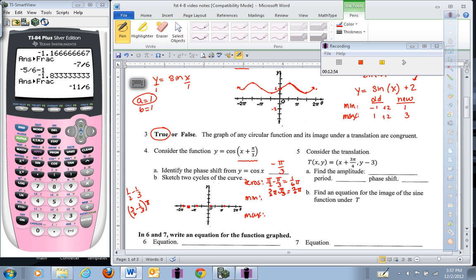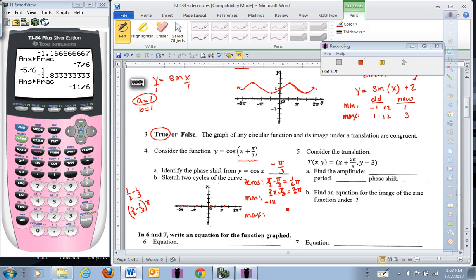In other words, these zeros are going to be spaced 1 pi apart because they occur every half period. In between those is where we're going to find our maximums and minimums. We did have a minimum at negative 1 pi.